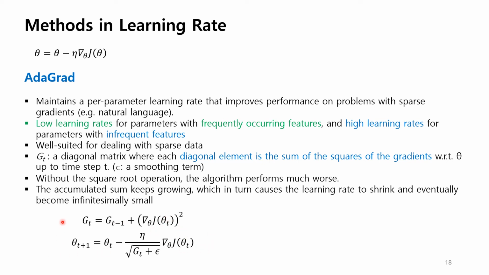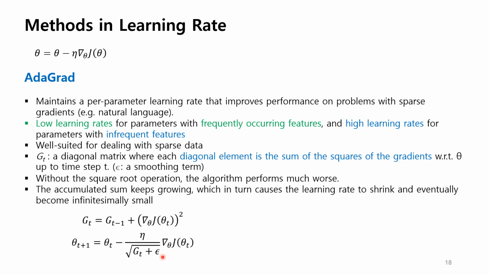So we keep adding the previous values of the squared gradient, we keep adding the squared value of the gradient to G_t, and that accumulated value goes to the bottom here. That's the difference in AdaGrad.